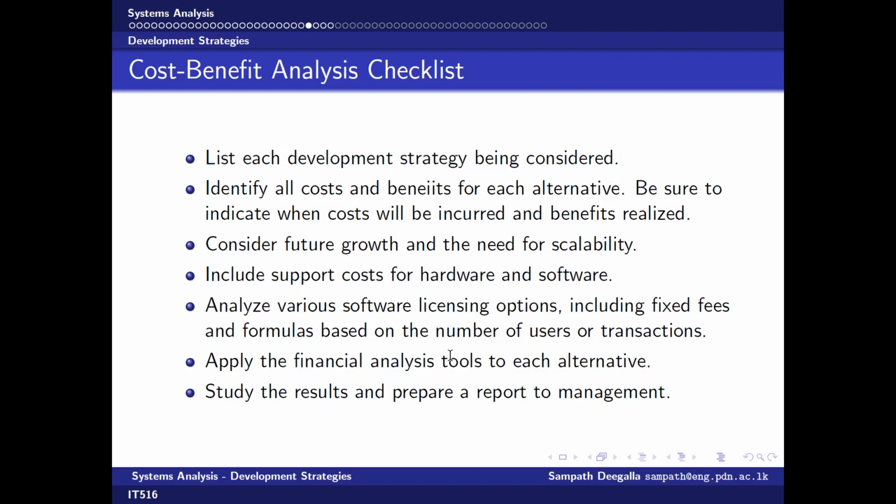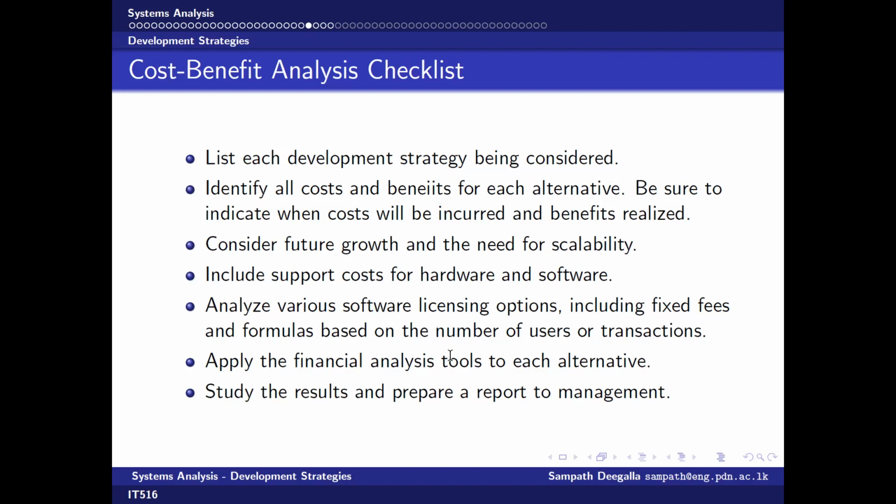And then the second point, you identify all the costs and benefits. Cost means initially you have to spend some money, then after you implement, you are going to get some benefit, meaning that you have reduced the costs, right?